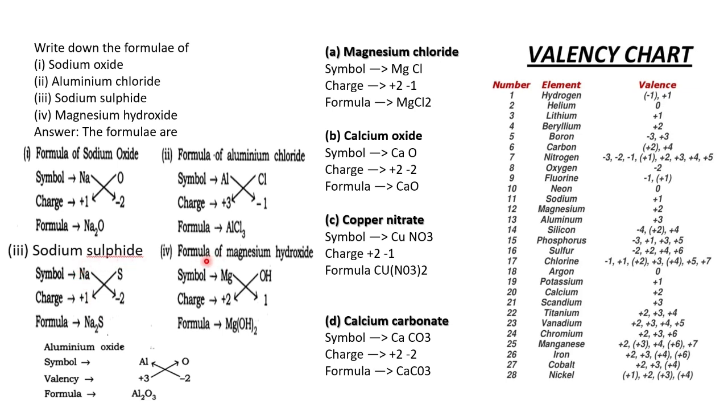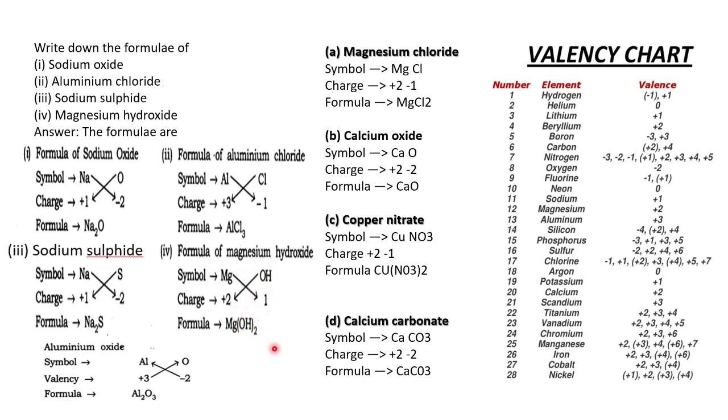Then magnesium hydroxide: magnesium Mg, valency number 2; hydroxide OH, valency number 1. By cross multiplication, Mg1 OH2. As OH has two letters, I am writing it within the bracket, OH twice.